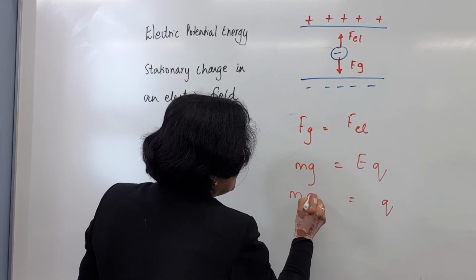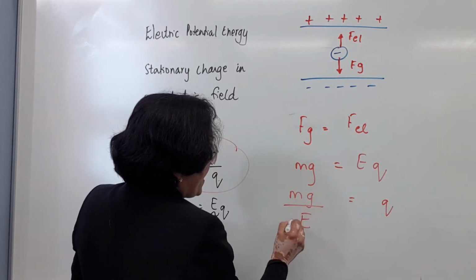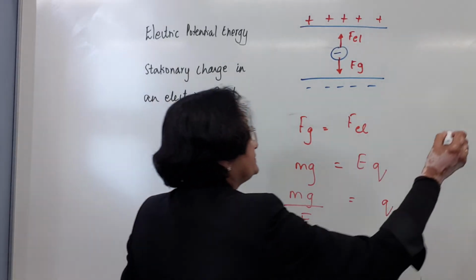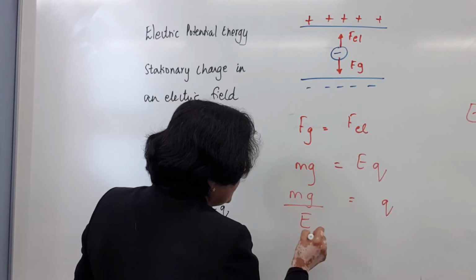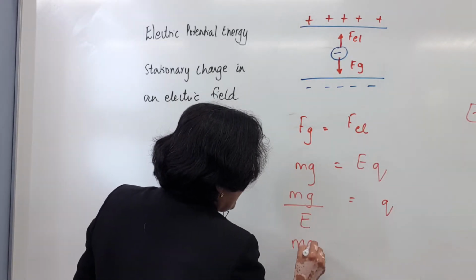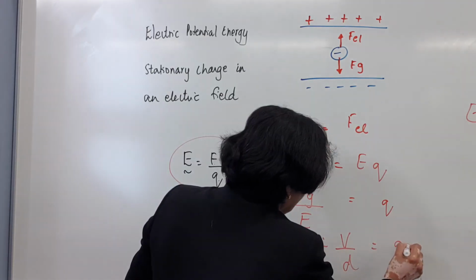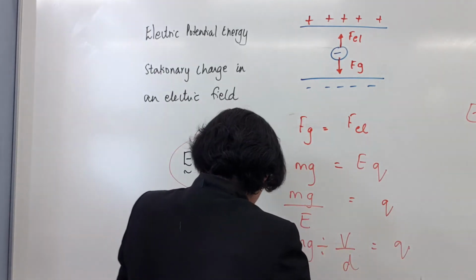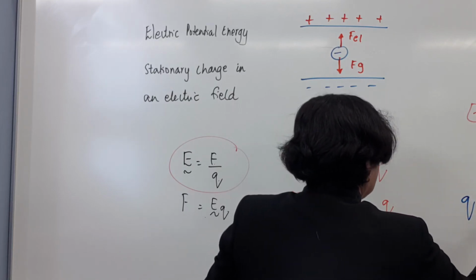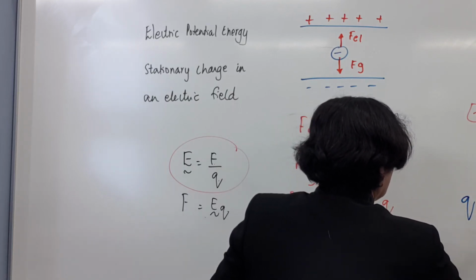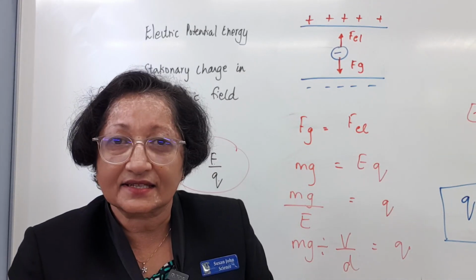It is mg over E. And your E, we know, is V over D. So in place of E, if you go mg divided by V over D, just rearranging it all, you get Q equals mgd over V, voltage. So that's how you find the size of the charge.